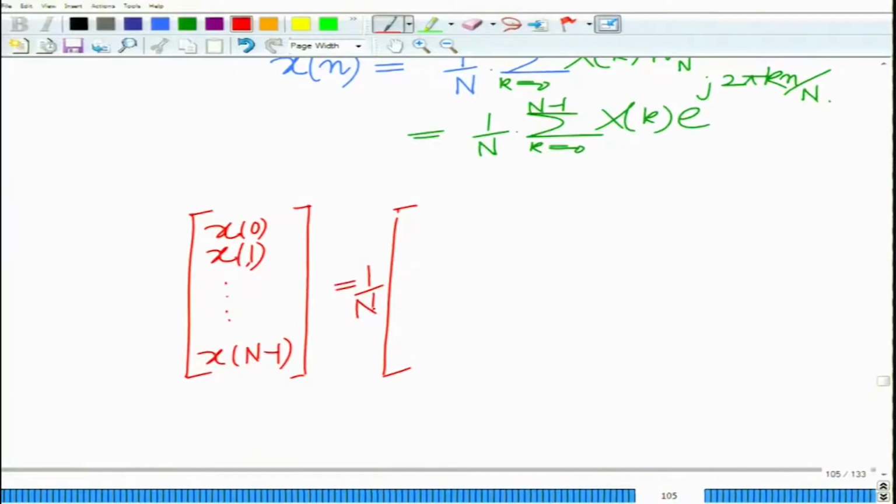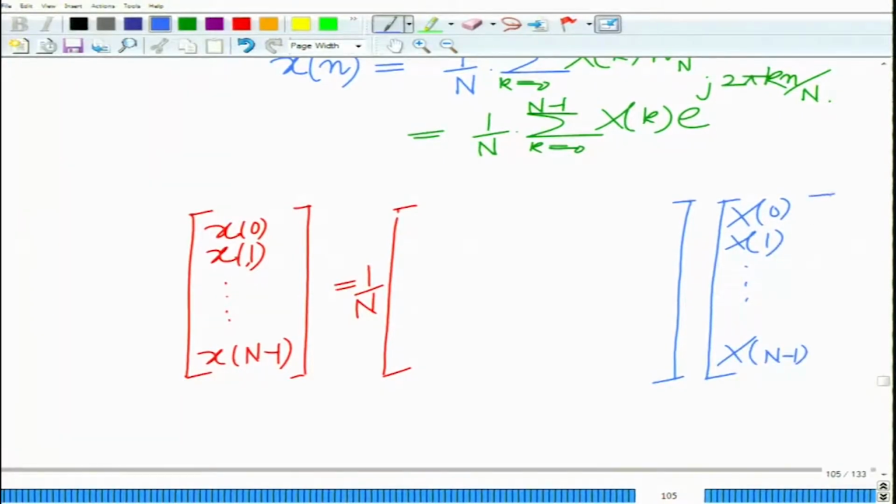First you have the scaling factor 1 over N, and the input will be the DFT coefficients X0, X1 up to X N minus 1, and the IDFT matrix will be 1 1 1 1, that is small x0 equals capital X0 plus capital X1 plus up to capital X N minus 1 divided by capital N. Small x1 is 1 plus W N to the power minus 1 into capital X1, W N to the power minus 2 into capital X2 plus up to W N to the power minus (N minus 1) into capital X N minus 1.